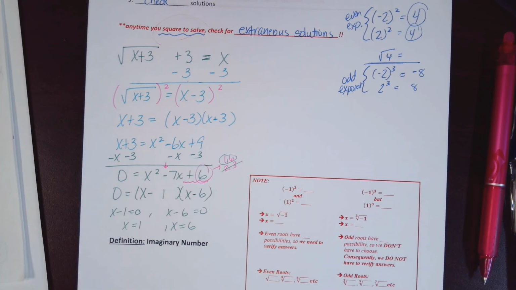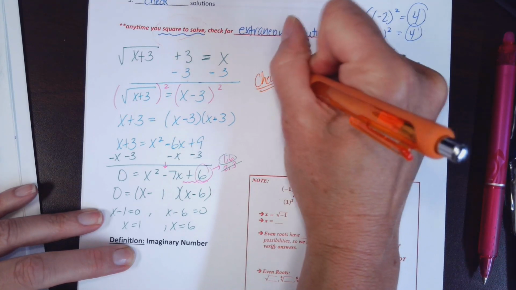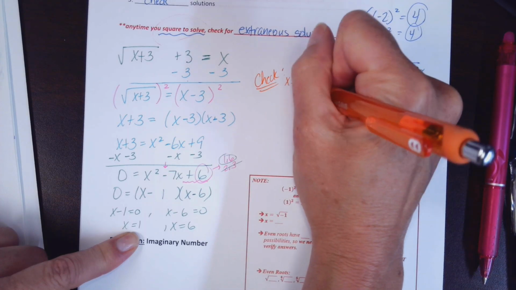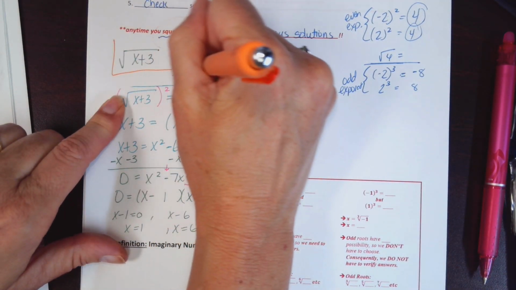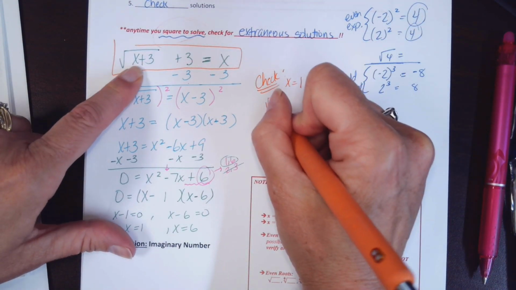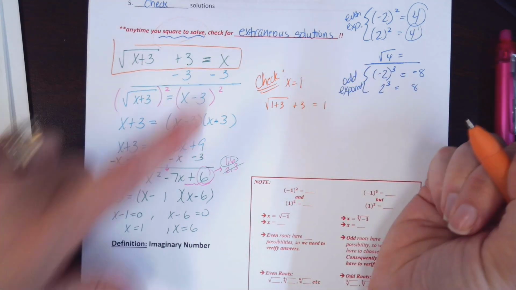Let me try again. Okay, so here's me checking for my extraneous solutions. The first solution I'm going to check is x equals 1. When I check it in the original equation, if x is 1, this is the square root of 1 plus 3, plus 3, equals 1.